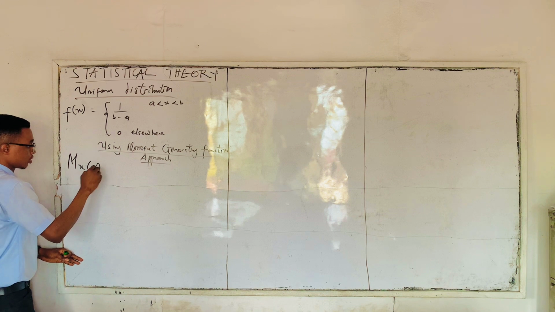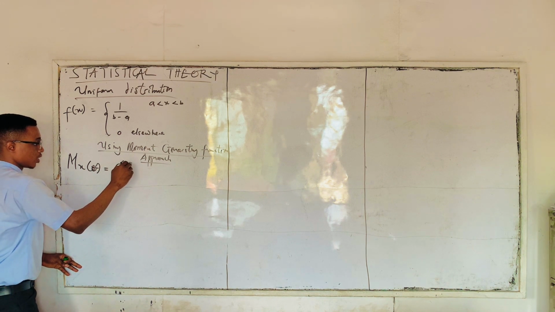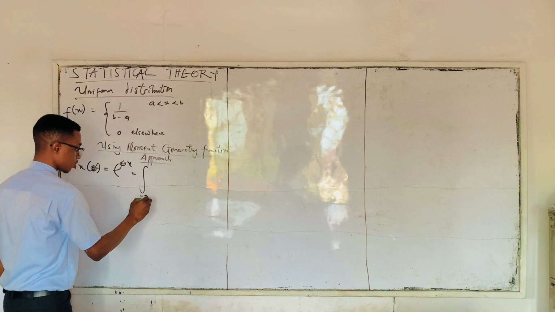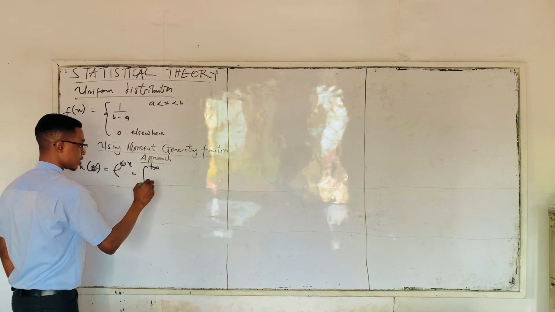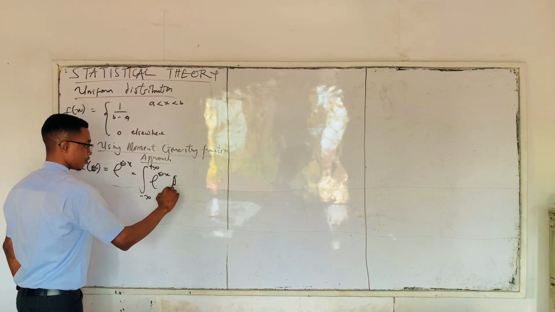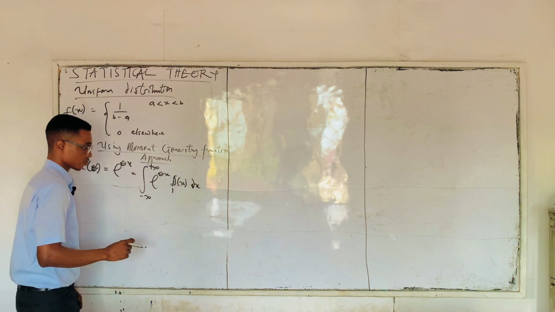M_X(theta) is equal to the expectation of exponential theta x, which is equal to the integral from minus infinity to plus infinity of exponential theta x f of x dx.